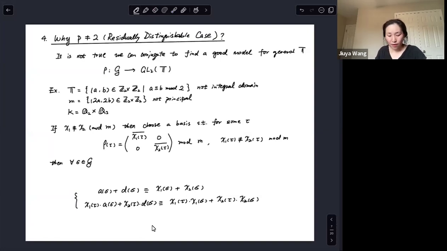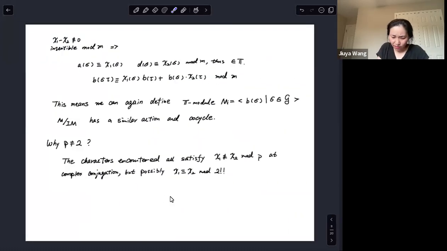Then, doing the matrix multiplication for a general rho of sigma together with this rho of tau, you can get the two equations that Shomit calculated this morning.